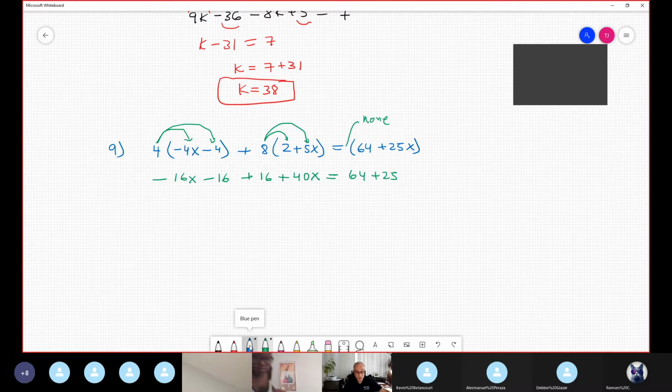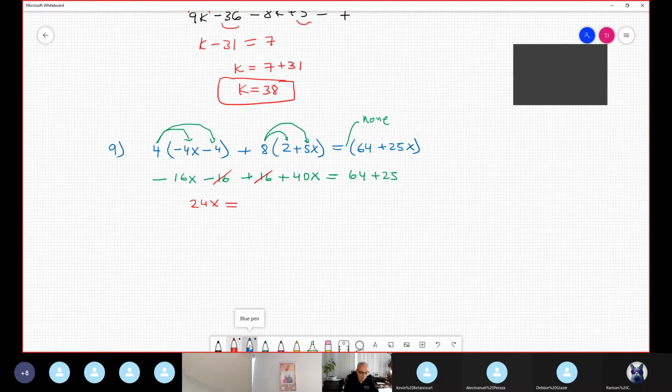You can see, wow, look at that. 16 positive and 16 negative cancel. It's gone. And 40 minus 16 is 24, positive, because you put the sign of the bigger number. The 24x stays alive only in the left hand side.